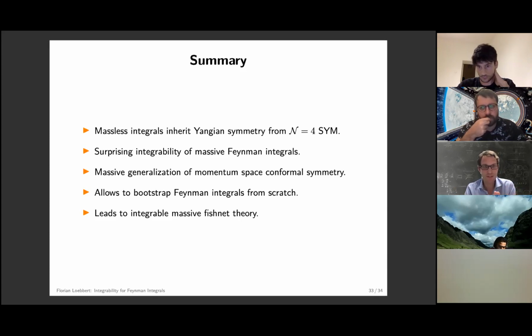We've seen examples where this allows us to bootstrap Feynman integrals from scratch. And we've taken this Yangian symmetry of massive Feynman integrals as a motivation to define this massive fishnet theory, to really work out a procedure for how we can define it as a double scaling limit of N=4 super-Yang-Mills theory.